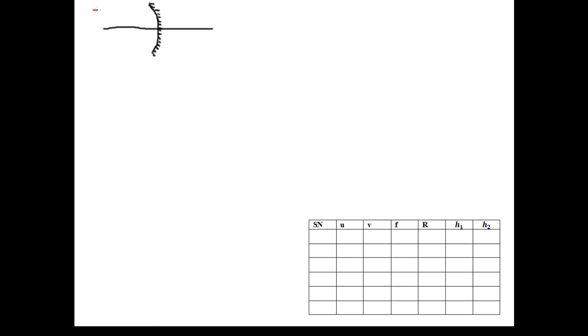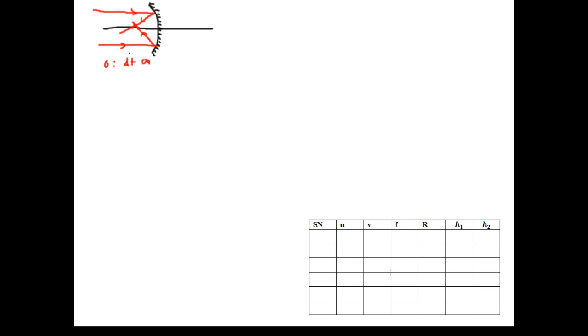So where is the object? Object is at infinity. Where is the image? Image is at F. What do you think will be the nature of this image? Is it converging to a point?